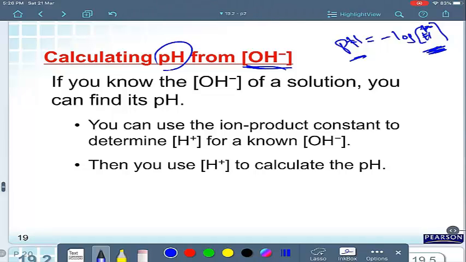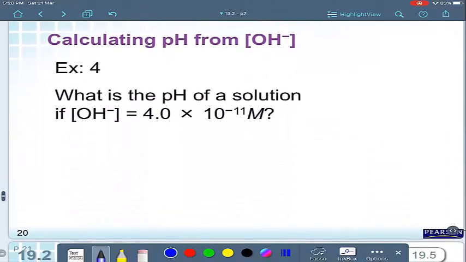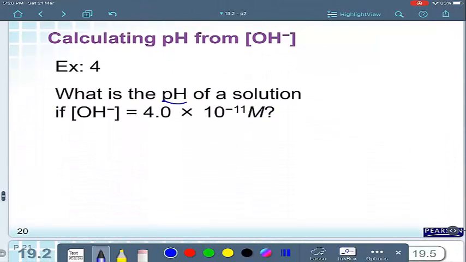You can use the ion product constant to determine H+ from OH-, then calculate the pH from the H+. How? Let's see this example. What is the pH of the solution if you have this OH- concentration?